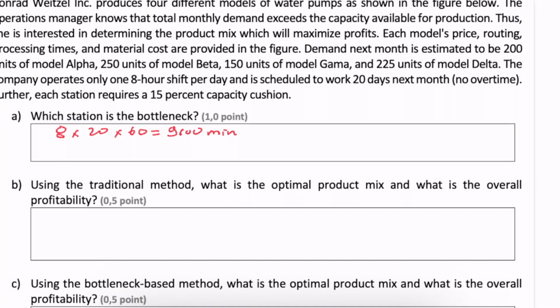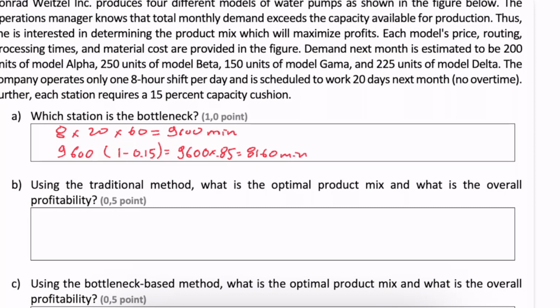Okay? Then we need to understand how much time we actually have available. Well, I said to remove that 15%, so we can do 9,600 times 1 minus 0.15, that's 9,600 times 0.85, that gives us 8,160 minutes.